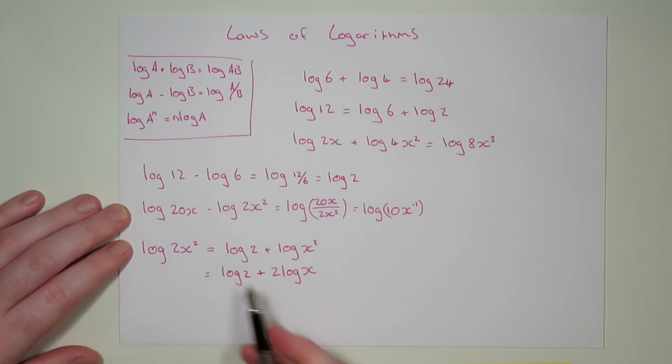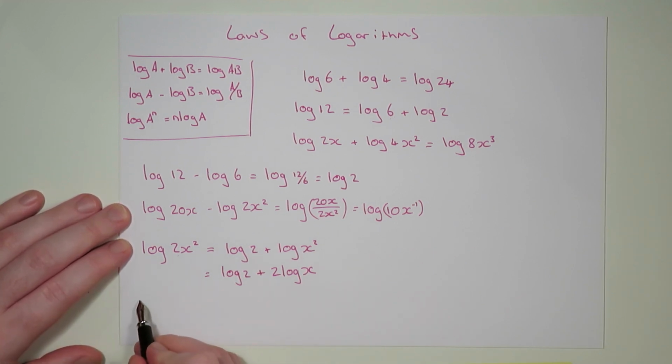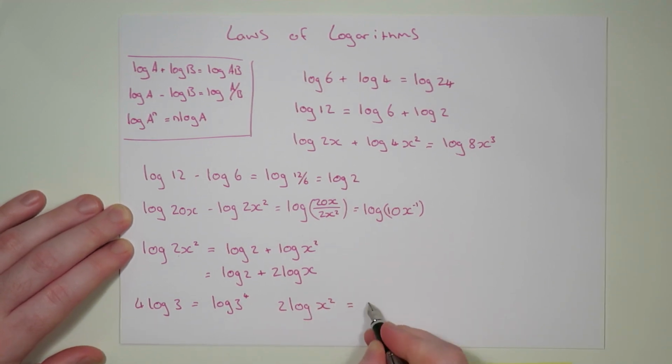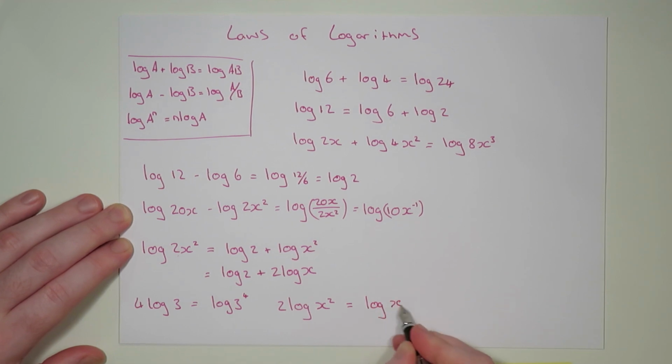Now you can go the other direction and you can say 4 log 3 is the exact same as log 3 to the power 4. Or you can have something, say 2 log x squared. Well, that would be the same as log x squared squared.